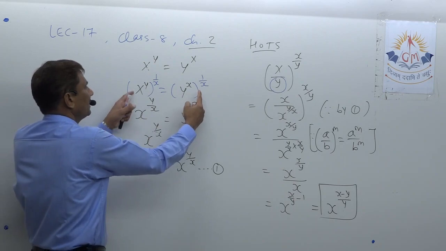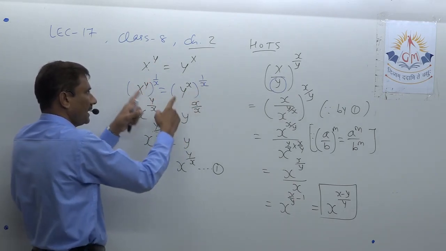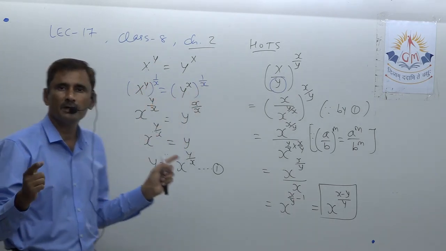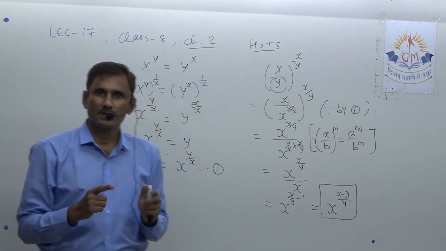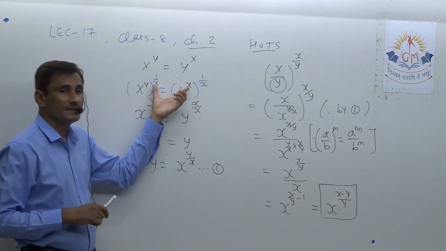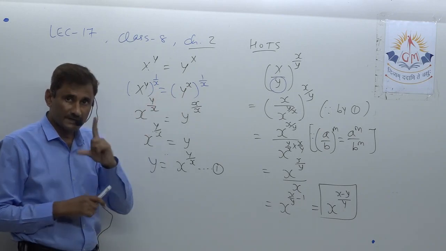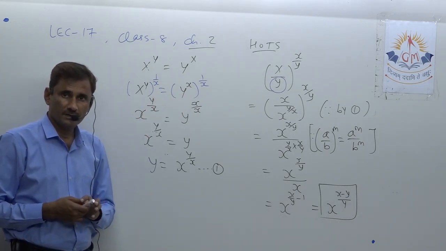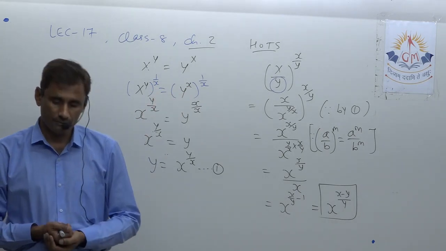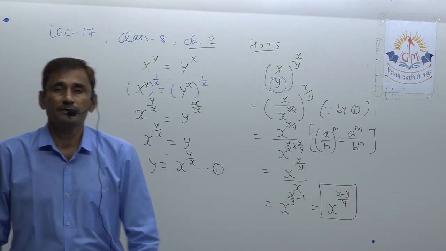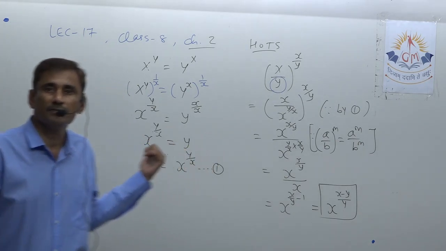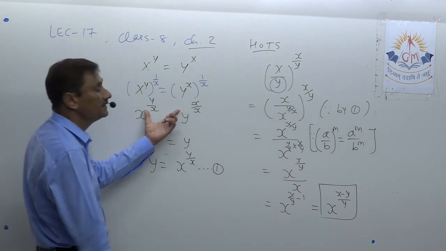What I have done here is write 1 by x power on both sides. Means the x root is taken on both sides. Just like raised to 1 by 2 means square root, raised to 1 by 3 means cube root. So here I have taken the x root on both sides. Why?